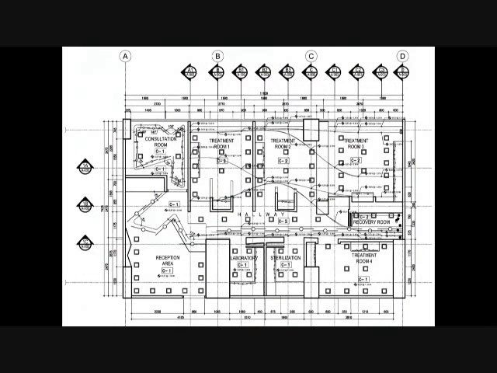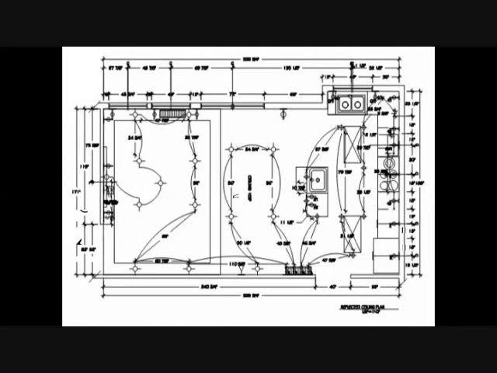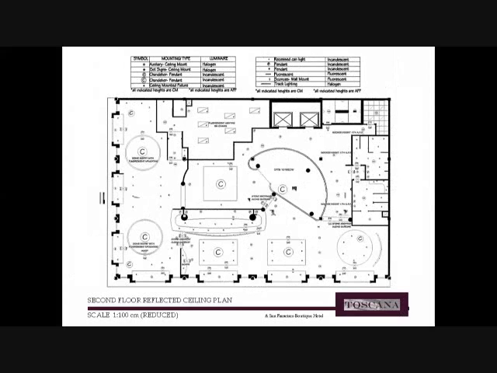This is another example that shows the lighting and its distribution and different types. You can have square, you can have spotlights, you can have linear lights, and so forth. So these are examples of false ceilings or reflected ceiling plans that show the lighting distribution.